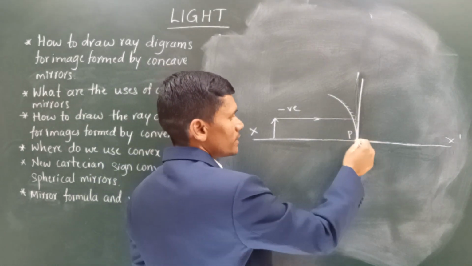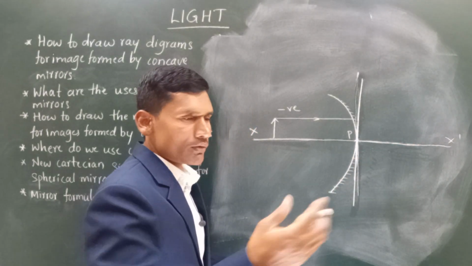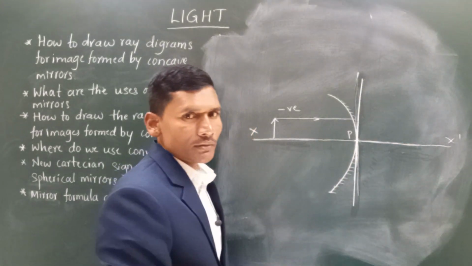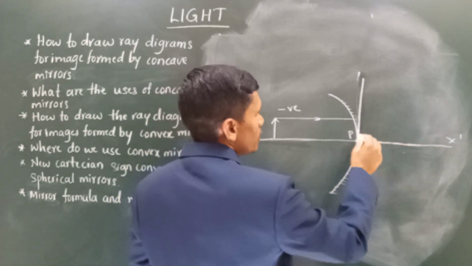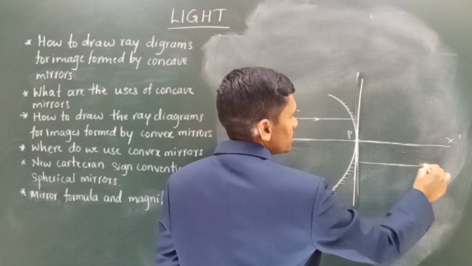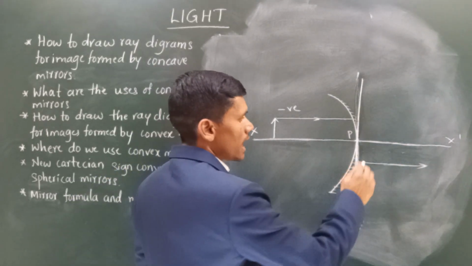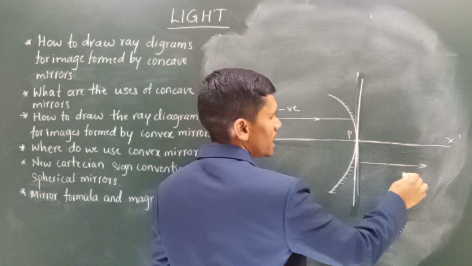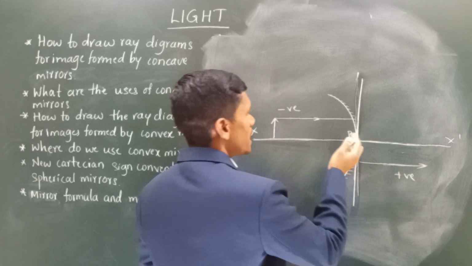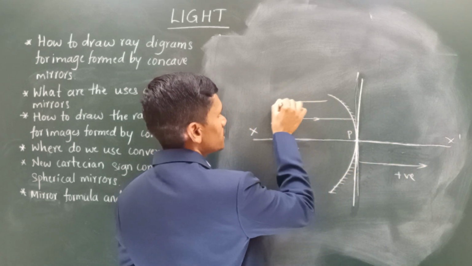On the right side of that origin there will be positive values of the x-axis. The distances measured parallel to the principal axis and to the right of the origin are taken as positive values, and to the left they are taken as negative values.